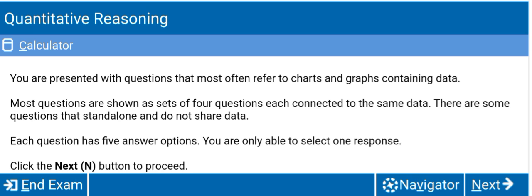But there are some questions that stand alone and do not share data. Each question has 5 answer options and you are only able to select one response. Click the next button to proceed.